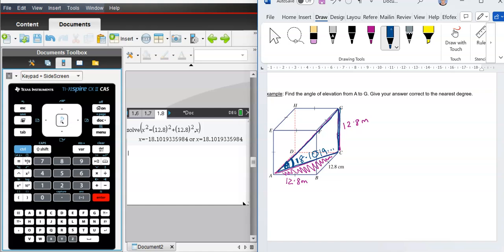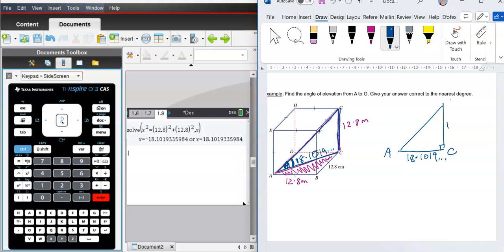So if I redraw the triangle now, I know that from A to C has a distance of 18.1019, and I'll put a few dots so I'm not actually rounding it to that many decimals.